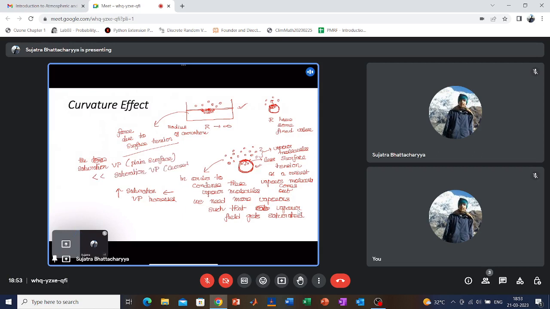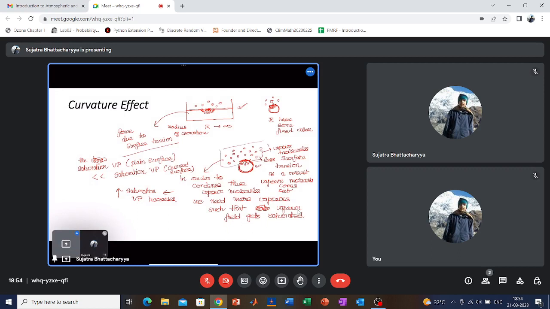Why? Because you can see for equilibrium condition to be met here, you need more water vapor molecules. Why? Because this has very little bindings. The surface tension is very little. As a result, vapor molecules can easily escape. So condensation is also very difficult. Therefore, only when you add more vapor molecules to this particular air will the condensation process start.